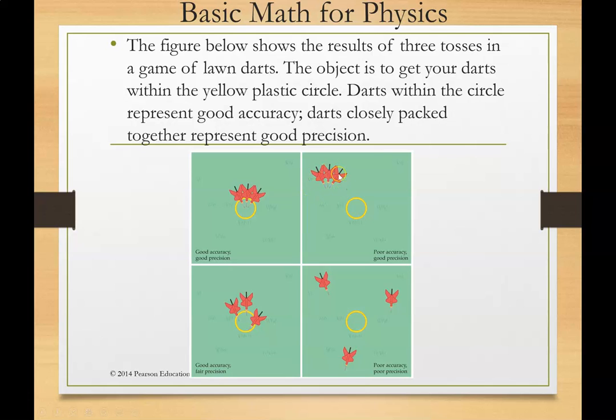Out here, they're all close together, so you were precise, but you were really far from your target, so not accurate, but very precise. This one here has good accuracy and fairly good precision, not as good as this one up here. And then this one's just scattered everywhere. You have poor accuracy and poor precision.